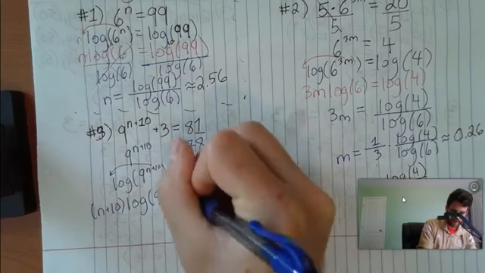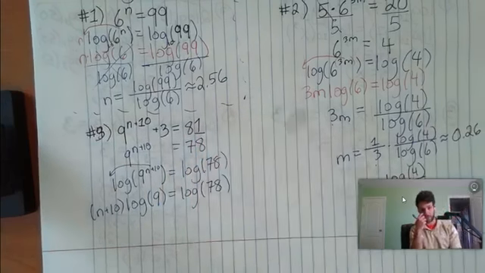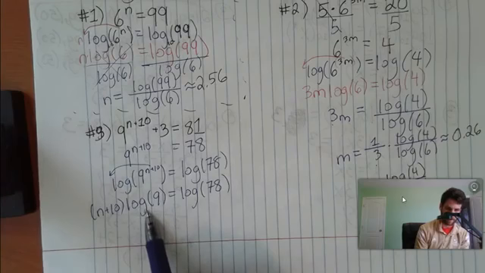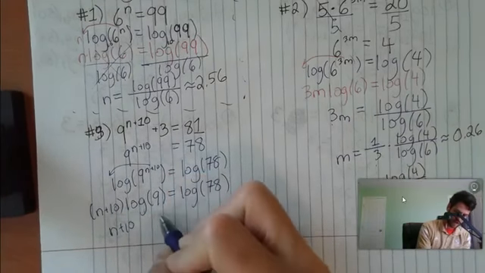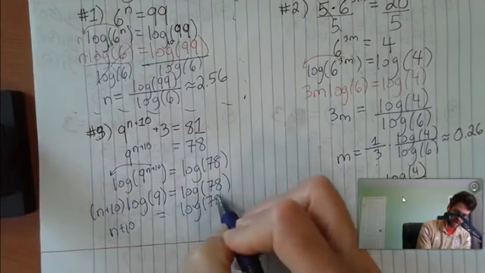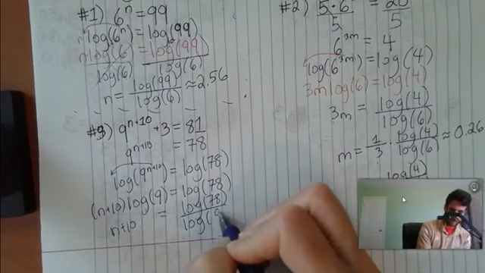And we get a result like that. n plus 10 in parentheses times log of 9 equals log of 78. And then I'm going to divide by this log of 9 right here. That would leave me with n plus 10 alone. And then we got log of 78 over log of 9.